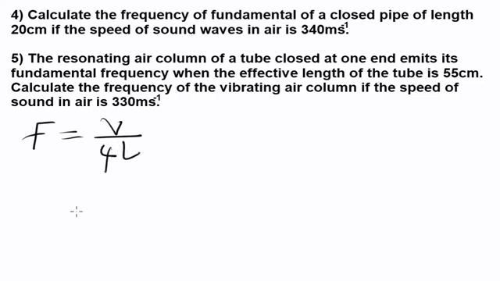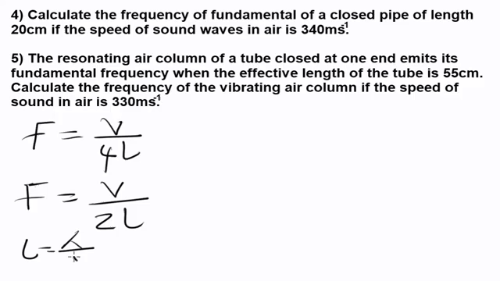Whereas frequency of sound wave in an open pipe is calculated using frequency equals velocity over 2 times length. Whereas when you want to calculate length of sound wave in a closed pipe, you will use this formula: length equals wavelength, that is lambda, over 4.